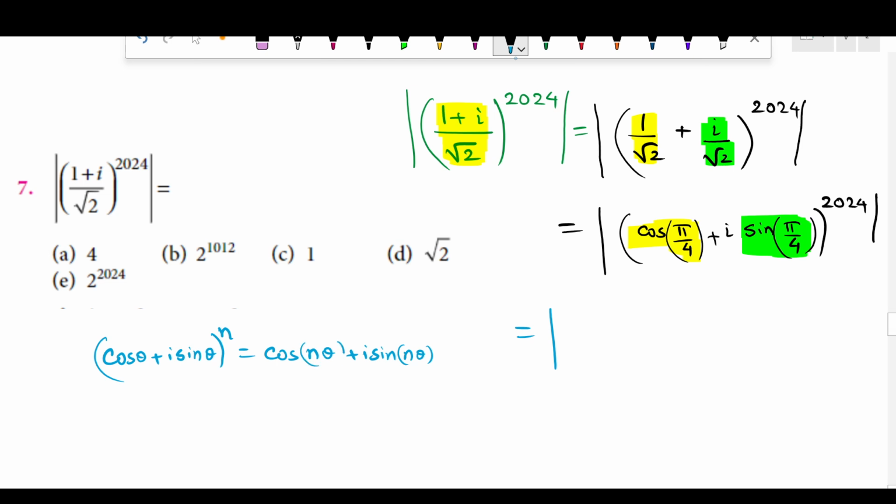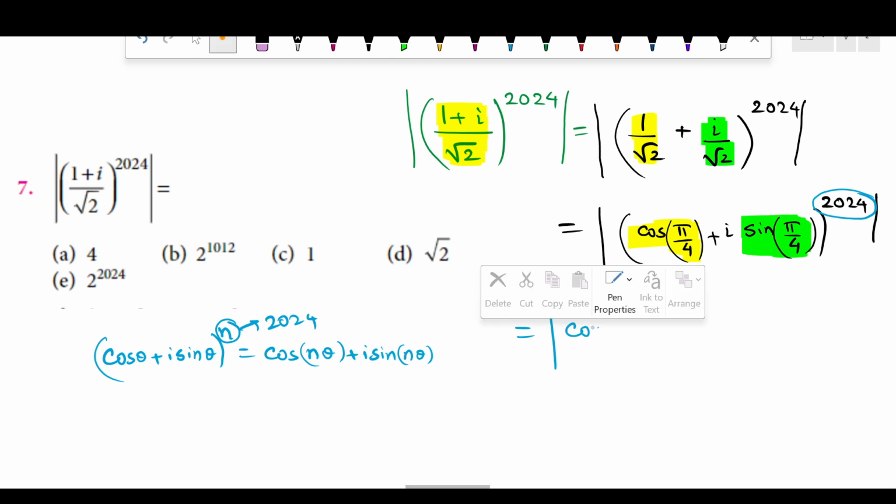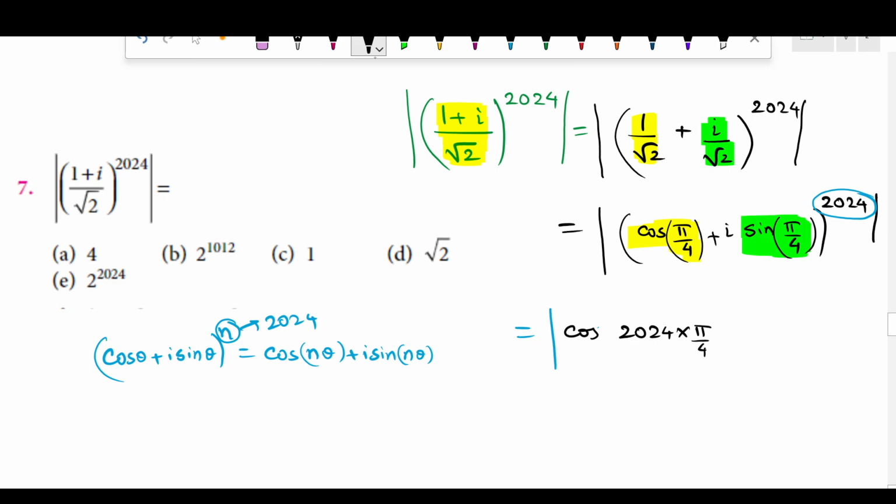We know this. So here my n is what? 2024. This is my n. So this will be cos 2024 into pi by 4 plus i sin 2024 into pi by 4.